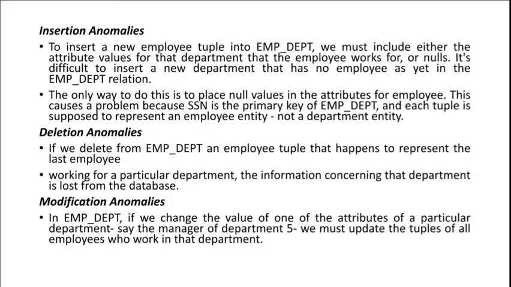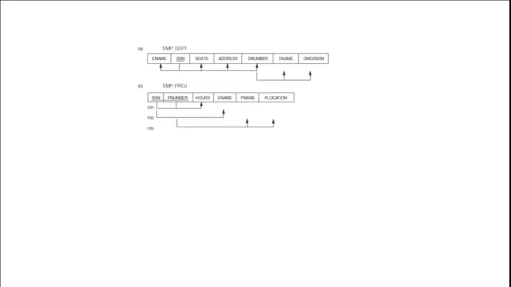Next, deletion anomaly. For example, if you delete from employee department an employee tuple that happens to represent the last employee working for a particular department, the information concerning the department is lost from the database. Don't worry, guys, it's very simple. For example, you want to delete all the details of the employees from this employee department table.